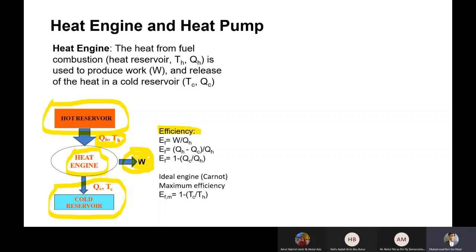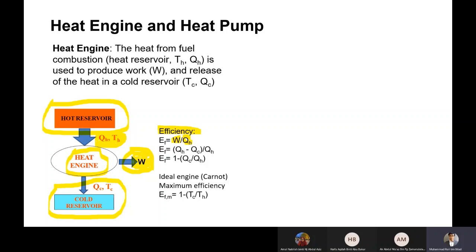The way to represent it, the efficiency is the work that we get, the power that we get from the engine, divided by QH. QH is the heat from the hot reservoir. That is efficiency. Then we do the balance. We know that QH equals work plus QC.